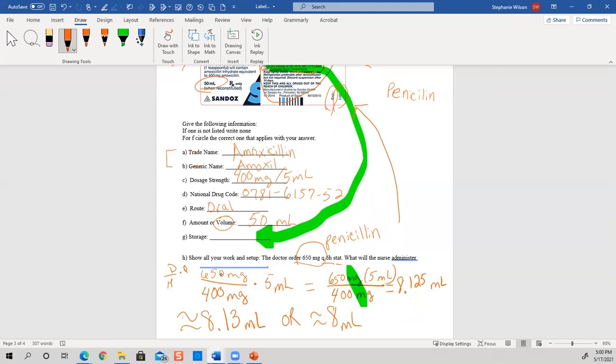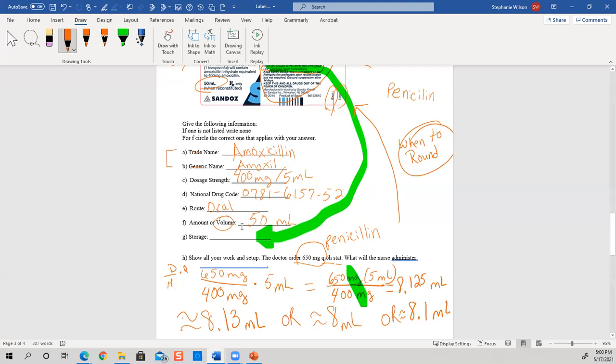Or I could have said round to the nearest tenths. So just make sure and read what's being asked of you, okay? Read the directions. By a certain point, you should know it. So definitely go back to my when-to-round instructions. It's in Canvas. Go back to that if you haven't already checked it out.